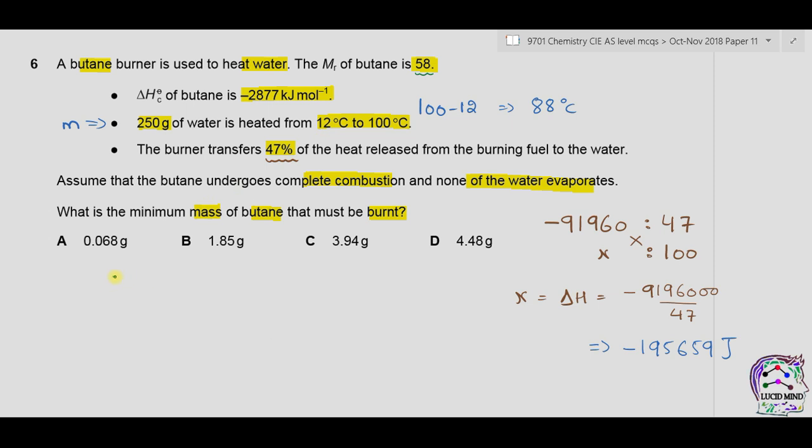So we can say that 58 grams per mole of butane gives minus 2877 kilojoules, or if we convert it into joules then we multiply by 1000. So this much energy is given by 58 grams of butane. So for our value minus 195,659 joules we can find the mass by using cross multiplication.